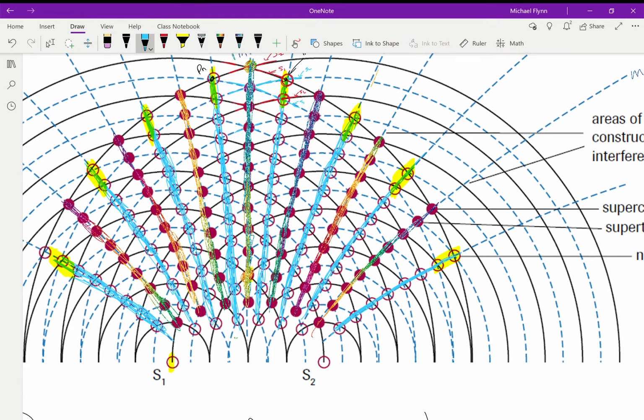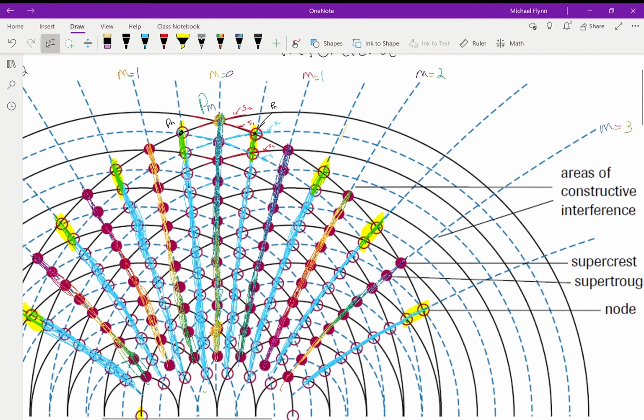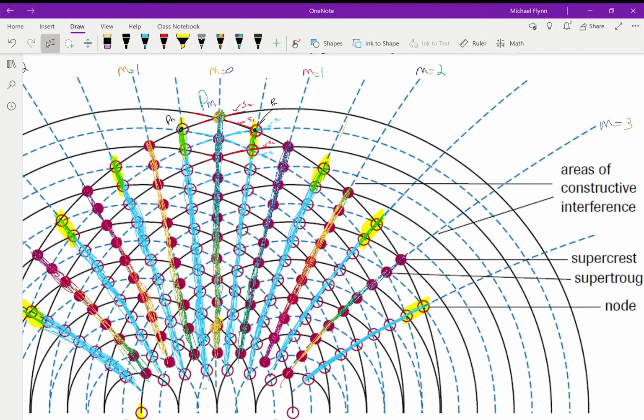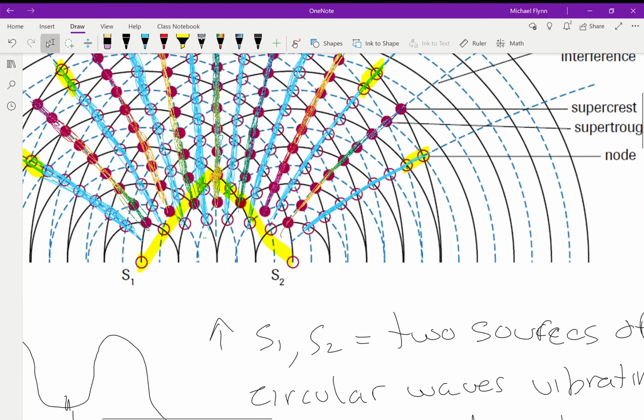Now, here's the deal. What do I mean by path difference? Well, the center one's kind of obvious. So let's go down the center. That's the easiest one. If I draw a line from here to here, and from there to there, this line here would be P0, like the M is 0, right?